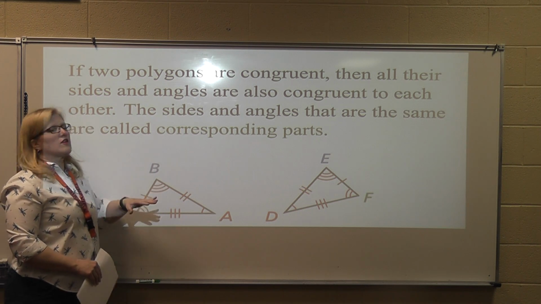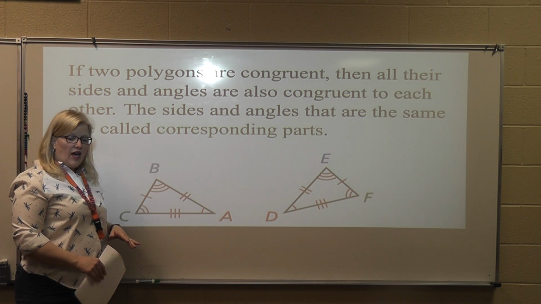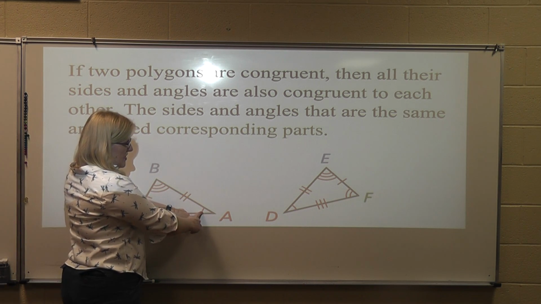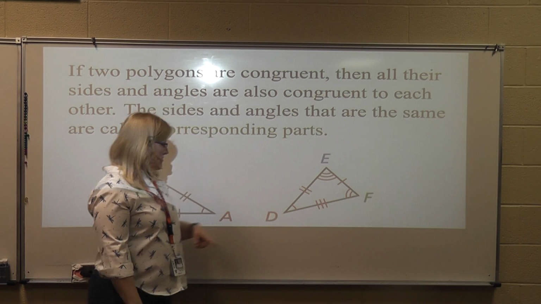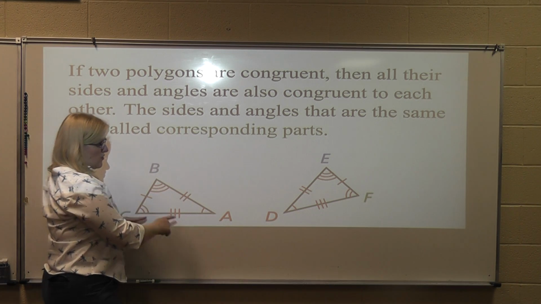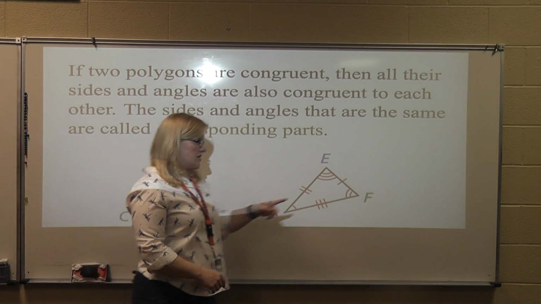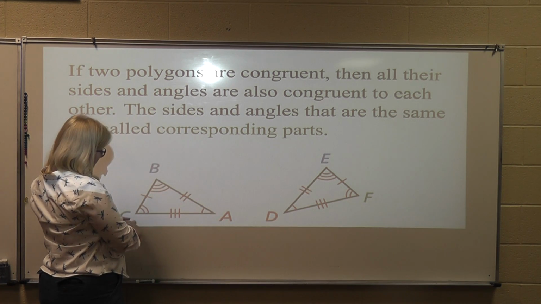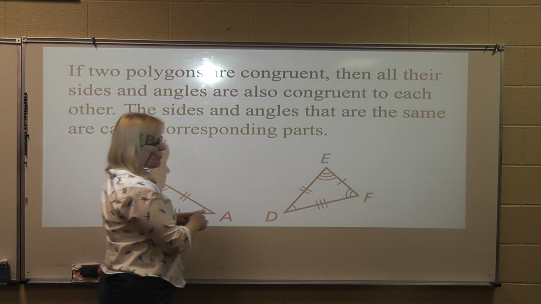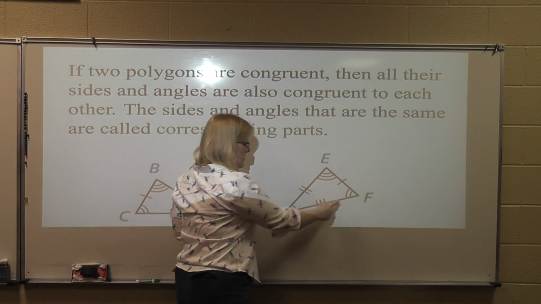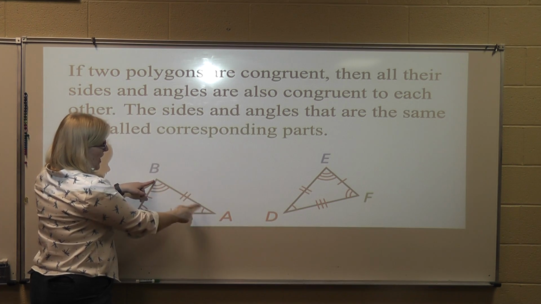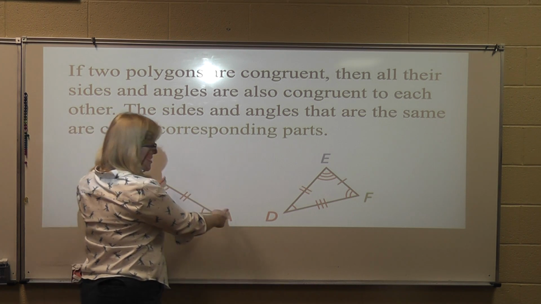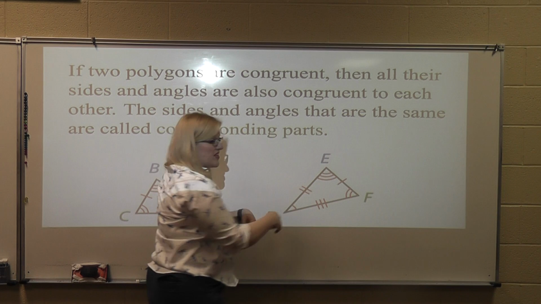So these two triangles are actually congruent, and their corresponding parts are: angle A is congruent to angle D. Angle C is congruent to angle F, B to E. Side BC is congruent to side EF, BA, with the two marks, is congruent to DE, etc.